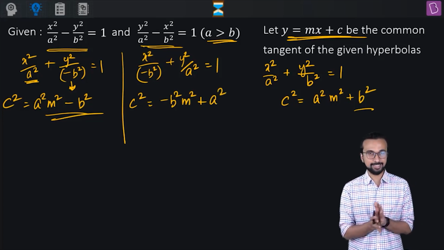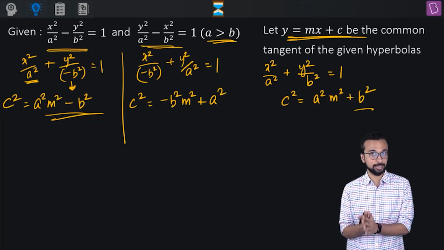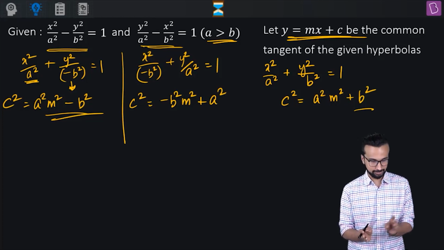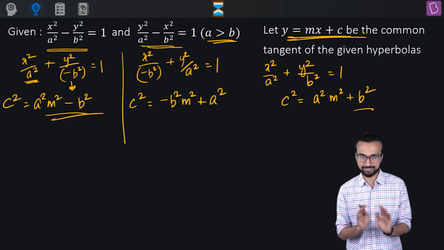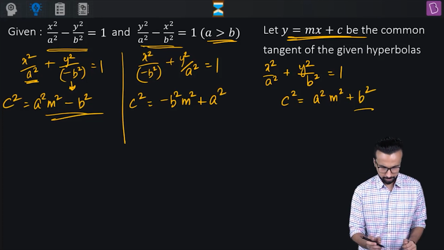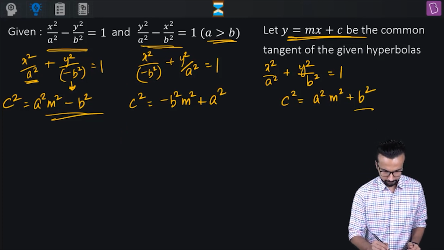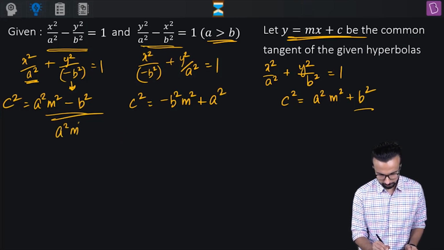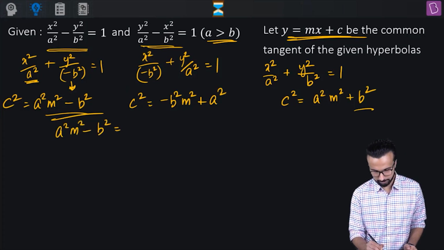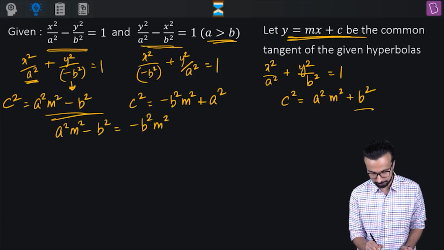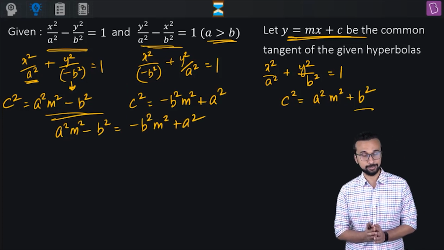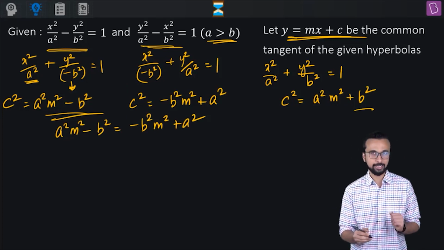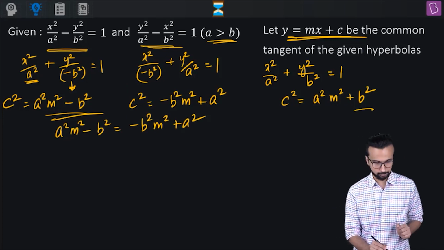Since I am looking at the common tangent as y equal to mx plus c, both the c values are the same, so you can equate both. I get a square m square minus b square equal to minus b square m square plus a square. I'll take the m terms together, since I'm looking for m.